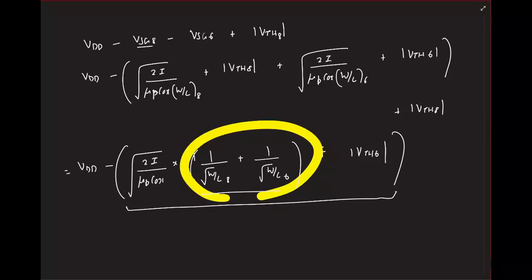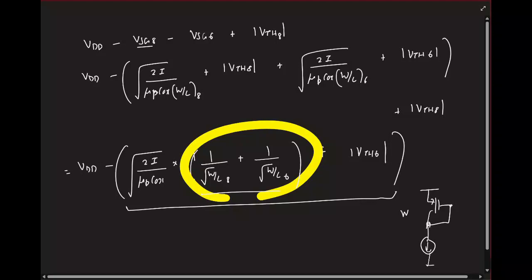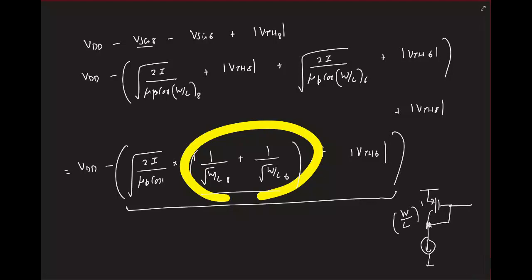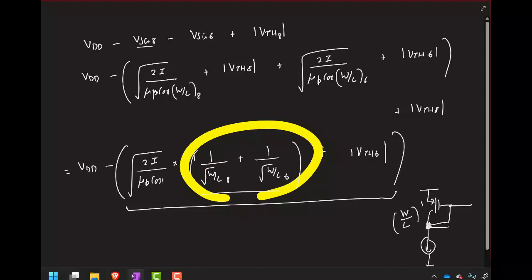Again, this is all rough calculation. So if you calculate this and use a PMOS transistor with this W by L prime, then its gate to source voltage will be approximately the voltage we need. This is of course one other way in which you can do it. Okay, so let's stop here and we'll see you tomorrow, in the next class on Tuesday.